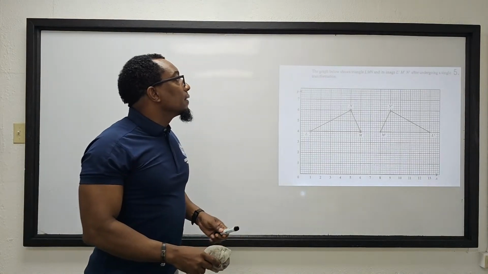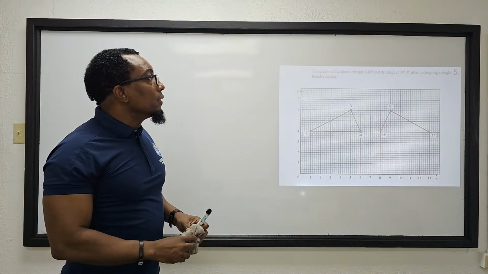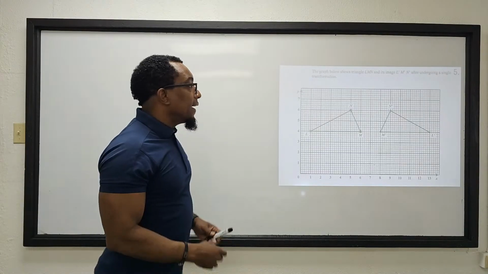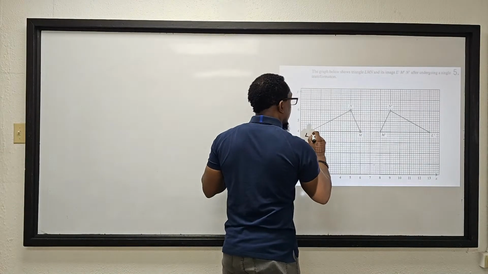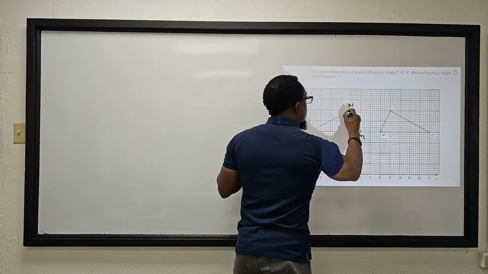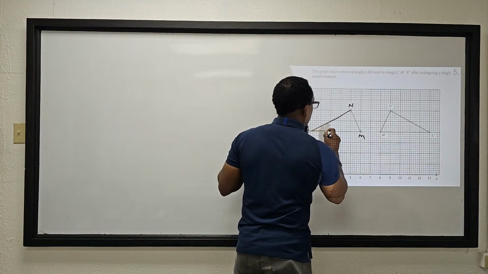So the graph below shows triangle LMN and triangle L prime M prime N prime. So this is triangle LMN. Let me quickly highlight it here.